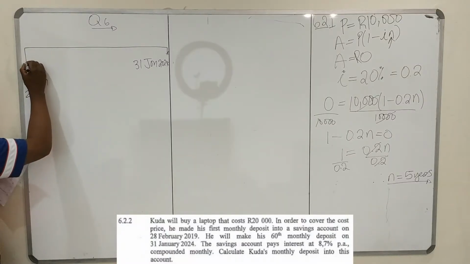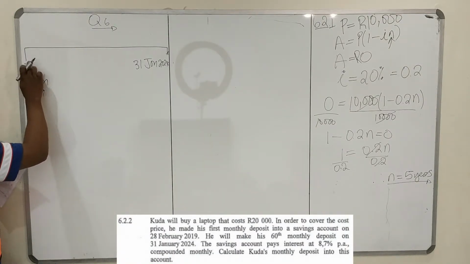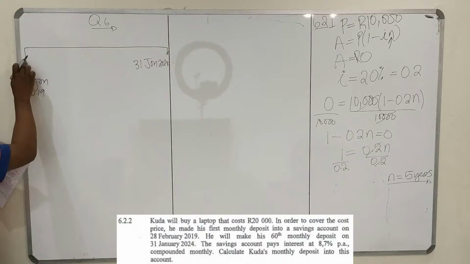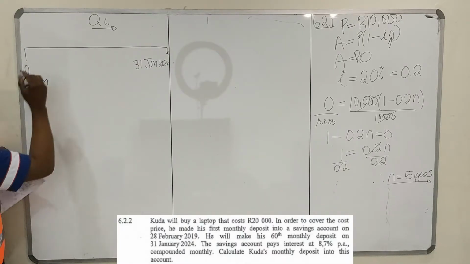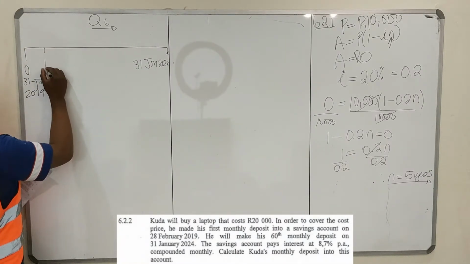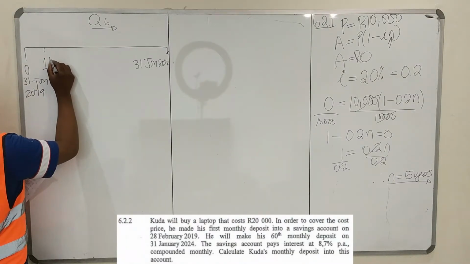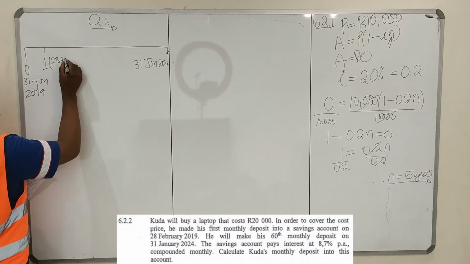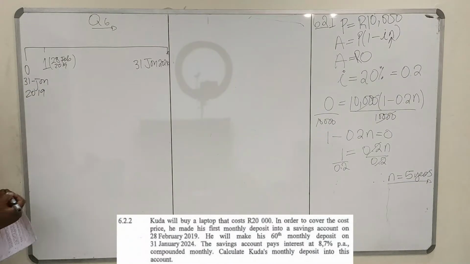So his first deposit was actually not his first. This is when he purchased the new laptop. Then 1 month later, this point here, I would say it's 28 February 2019. This is when he made his first deposit.